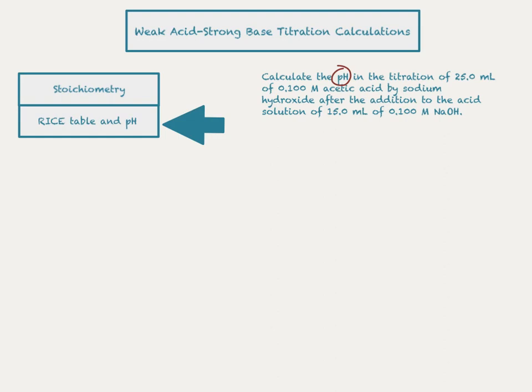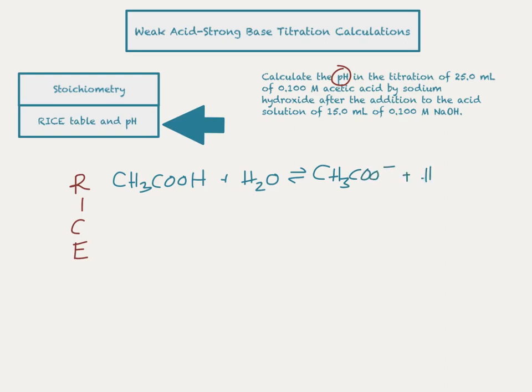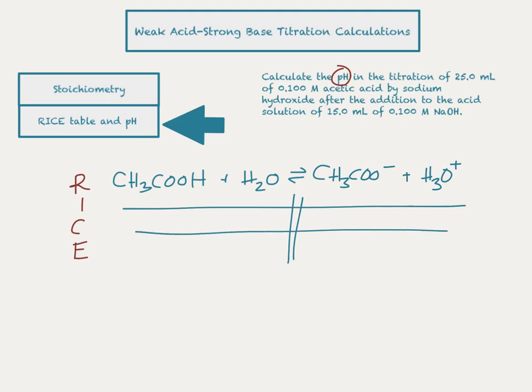This means our new and improved equilibrium rice table should have acetic acid reacting with water to produce acetate and the hydronium ion, which we can use to calculate pH. So now I'll set up my rice table and we can insert those initial concentrations we just calculated.